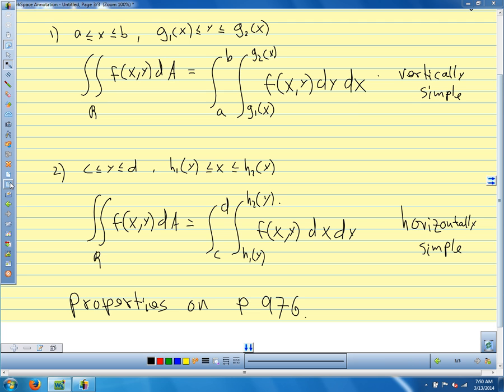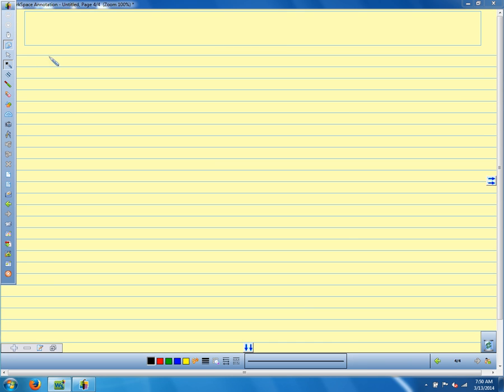All right, so let's look at some examples. So for the first one, we want to evaluate this double integral. So this is one way you might be asked this question. Evaluate this double integral.